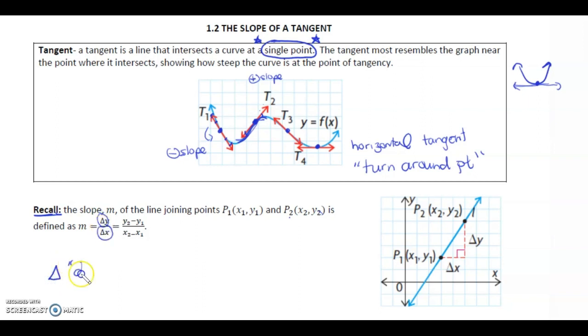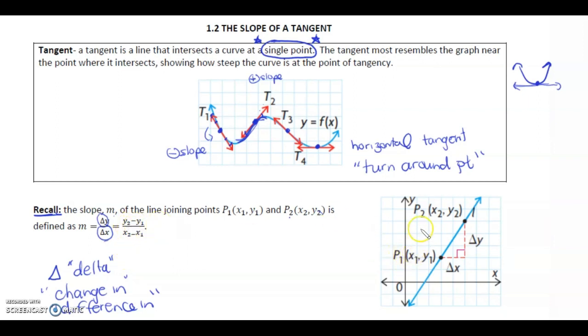Remember, this is called delta. This is a Greek letter, delta, okay? And this means the change in or the difference in. Okay, so the difference in y over the difference in x, or simply y2 minus y1 over x2 minus x1.